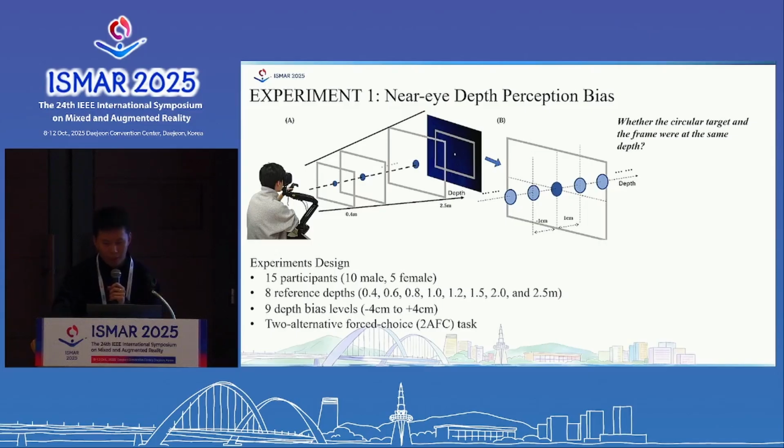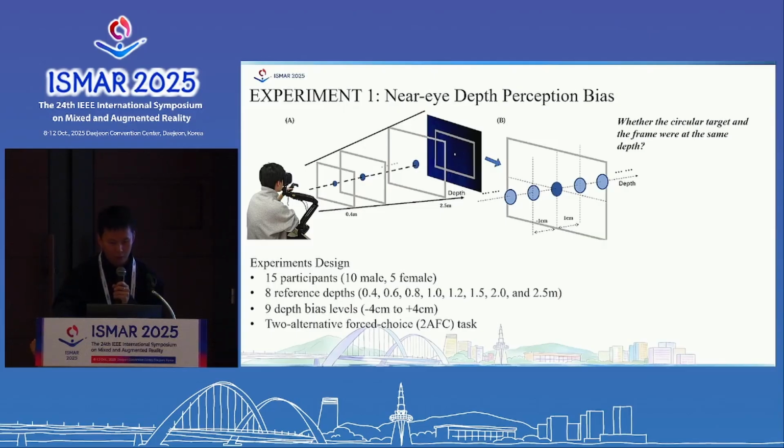Our main method was to remove all extra depth cues until only the core binocular cues were left. Here's how. We got rid of information like occlusion, texture, and shadows. To stop motion parallax, we put the headset on a fixed mechanical arm.